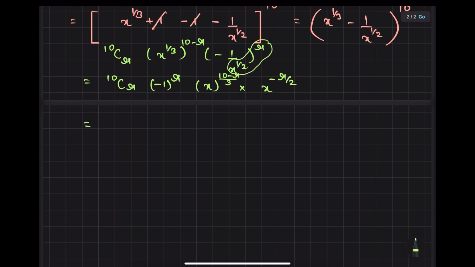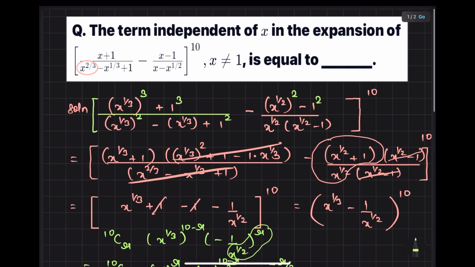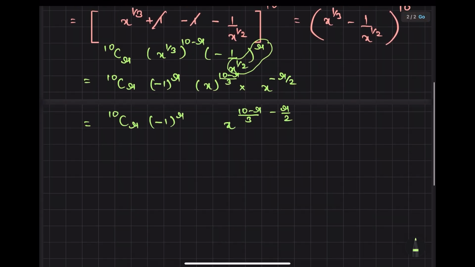Okay, let's do a little bit more simplification. 10 c r (minus 1) power r, and x will take the power (10 minus r) by 3 minus r by 2. Correct? Now what do we need? We want independent of x, meaning we want x to take power 0.